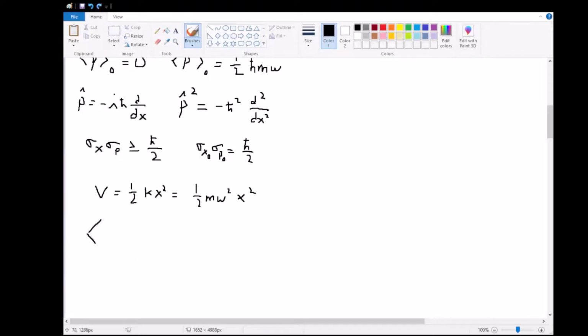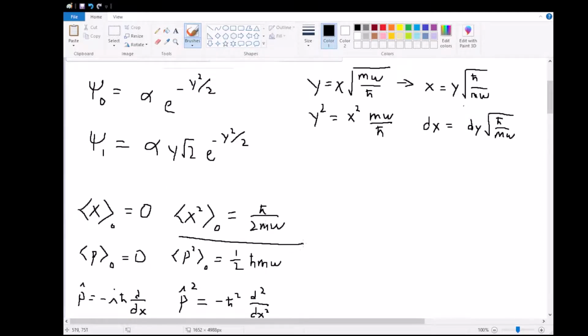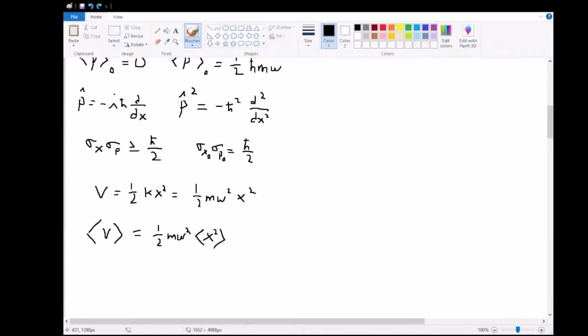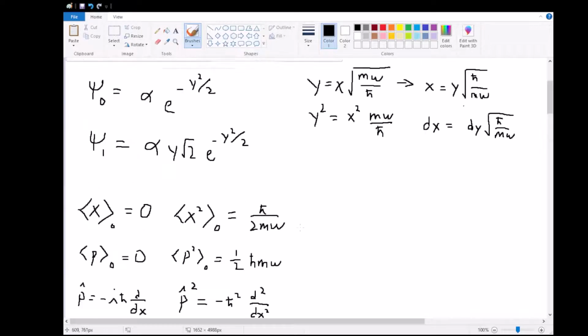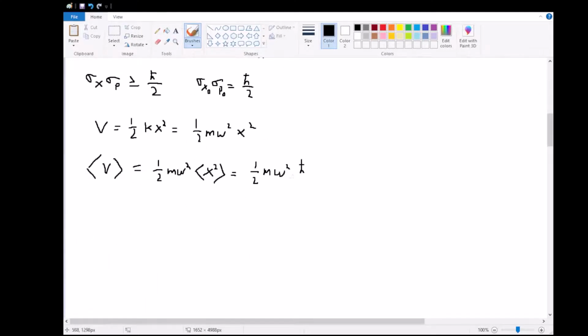So the expectation value of V is 1/2 times m omega squared times the expectation value of x squared. We already have this from earlier. It is h bar over 2m omega. So this is equal to 1/2 times m omega squared times h bar over 2m omega. The m's cancel, the omega squared goes to omega, and we get h bar omega over 4.